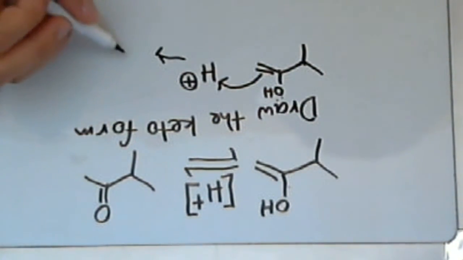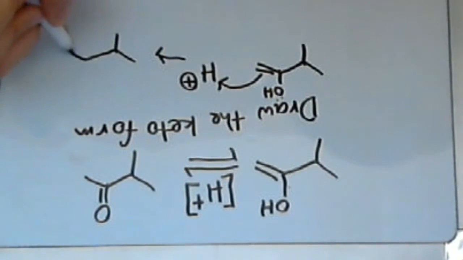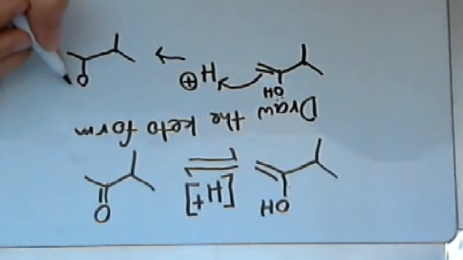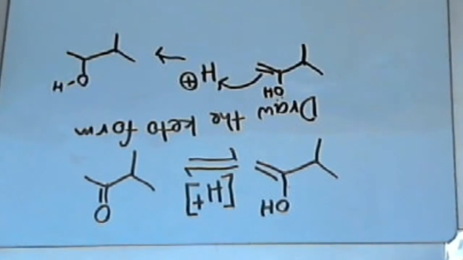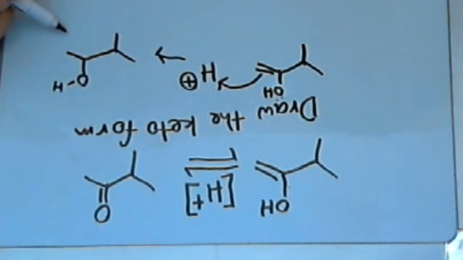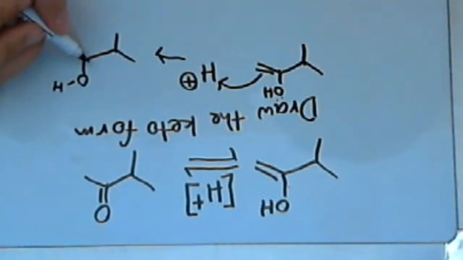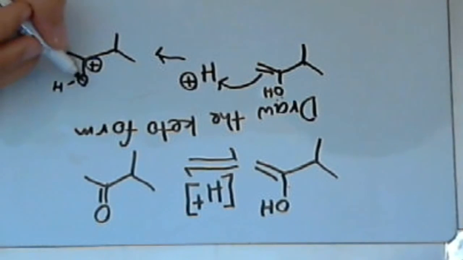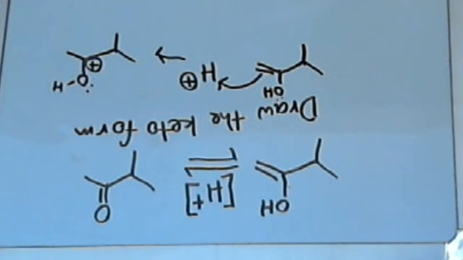Once that happens, we get this structure. So instead of 2 hydrogens here, we have 3 hydrogens because it's sp3 hybridized. And the positive charge is going to be here. Okay? Okay.